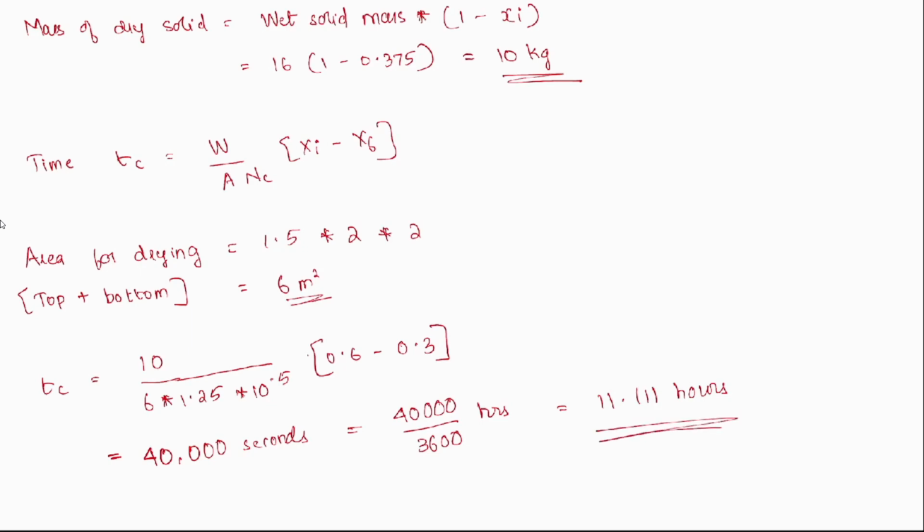So basically what we did here is, this is pretty much a direct question. We have been initially given the values for Nc. We just had to calculate the area A for drying, and the mass of dry solid W from the mass of wet solid and the initial moisture content, and we just had to substitute these values in the time equation and we'll get the final answer as 11.111 hours.